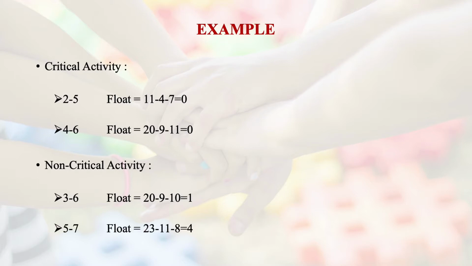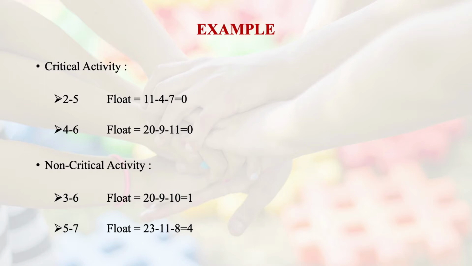Similarly, from 5 to 7 you will get a float of 4. So this particular activity, 5 to 7, is to be completed. In order to complete event 7, 5 to 7 is to be completed, as well as 5 to 4, then 4 to 6 and 6 to 7 are to be completed too.